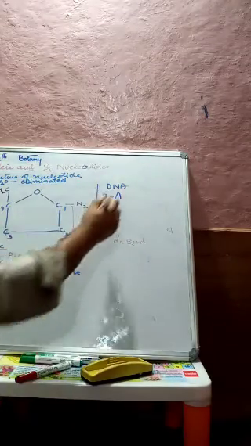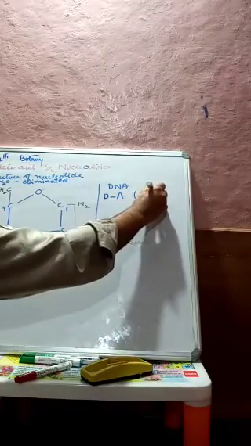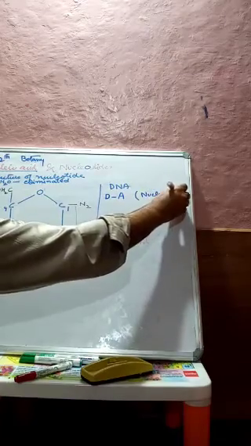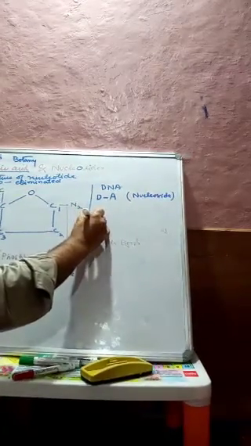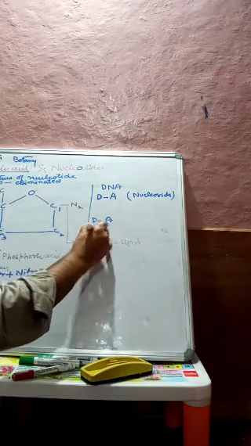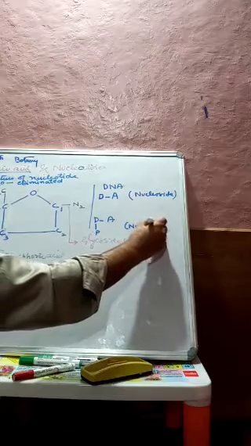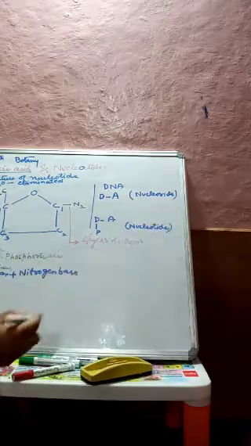Now this is the nucleoside. It is a pentose sugar plus nitrogen base. Now we have pentose sugar plus nitrogen base, and we have this phosphoric acid. It is the nucleotide.